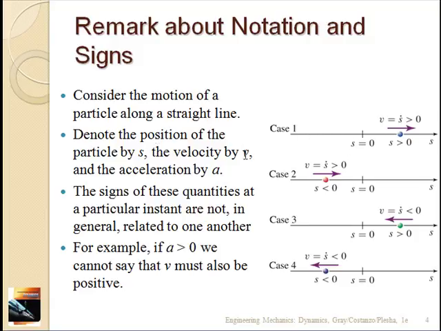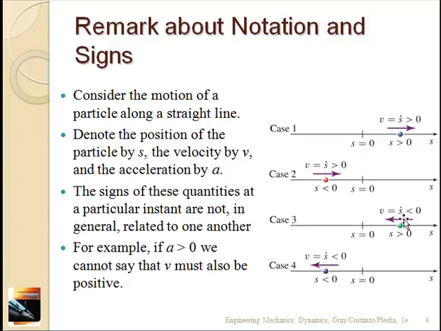All right. Then we'll have velocity vector v and acceleration a. And what's important is that the signs of these are not related. For example, in this case, if the particle's out here and moving to the right, then s is positive and v is positive, right? But if we're out here and moving to the left, then s is positive because we're to the right of the origin.